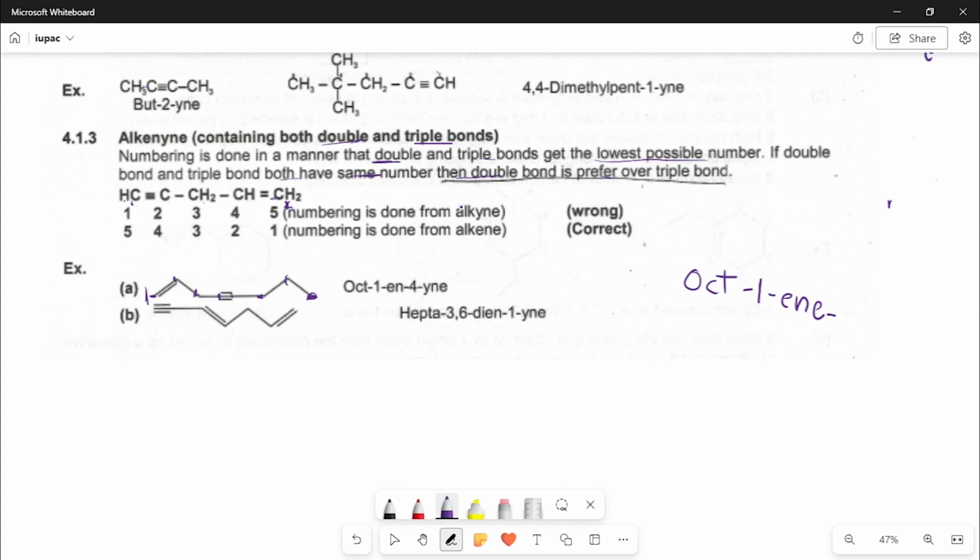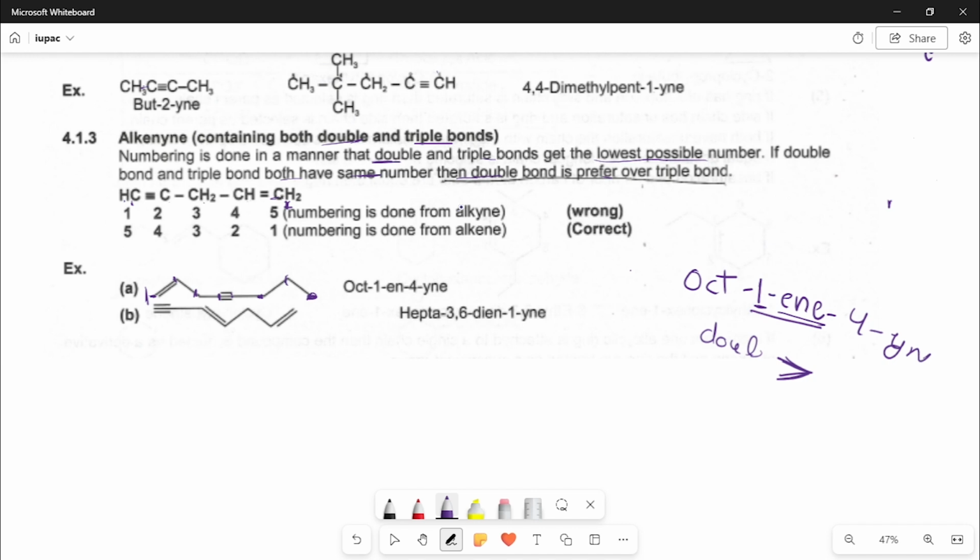Sorry, my bad, forget it. Regardless of which has the lowest number, the double bond always gets priority, so the double bond will always be written first. So oct-1-en-4-yne. So 1, 2, 3, 4.